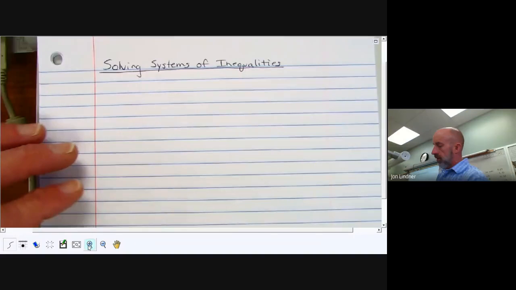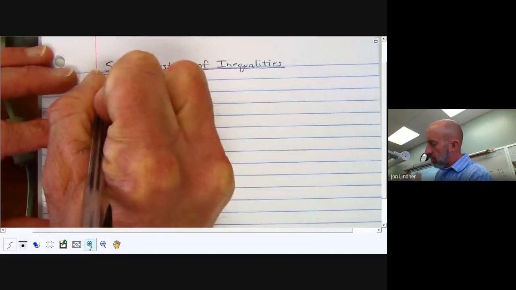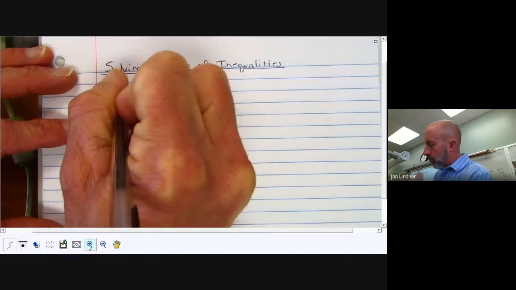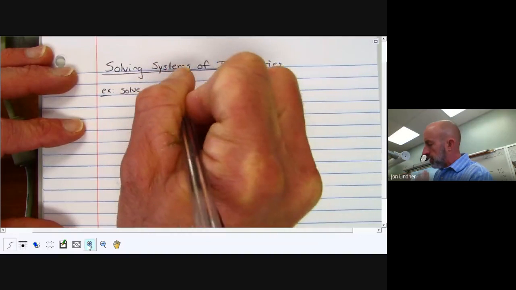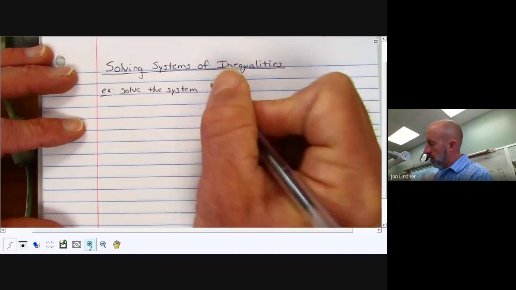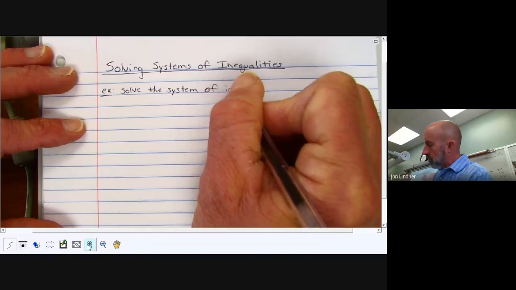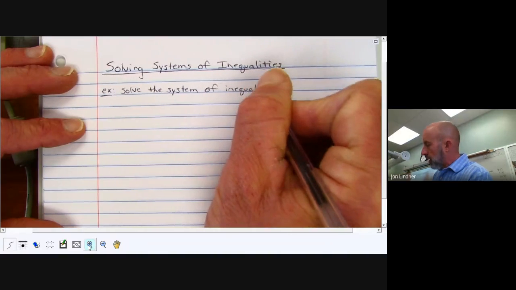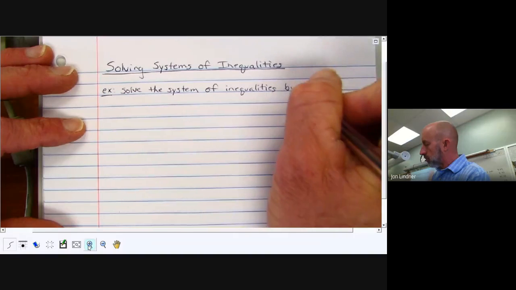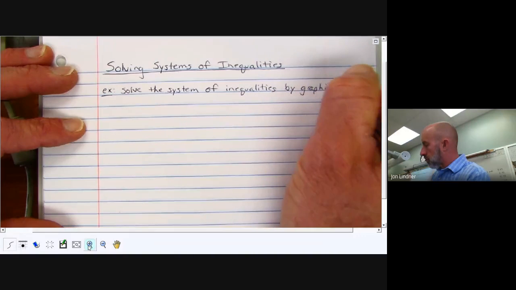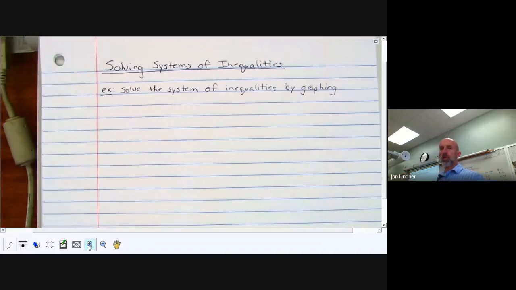Let's say that you are asked to solve the system of inequalities by graphing. Solve the system of inequalities by graphing.